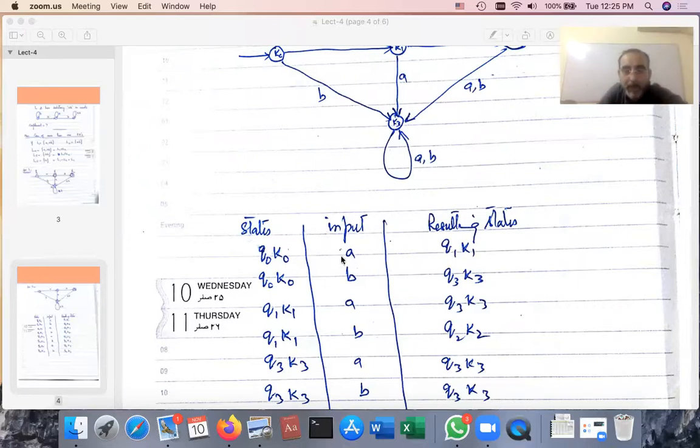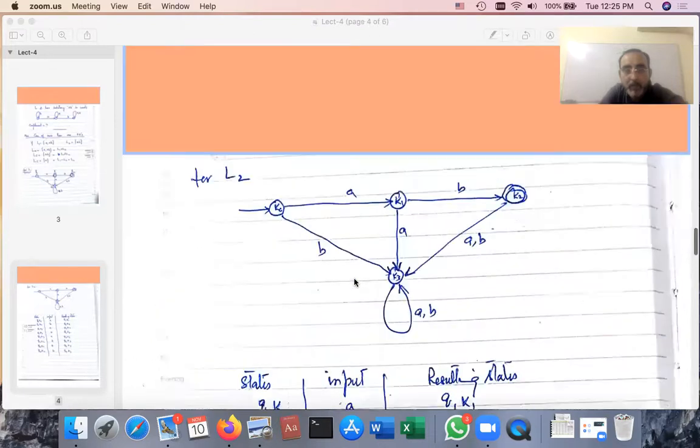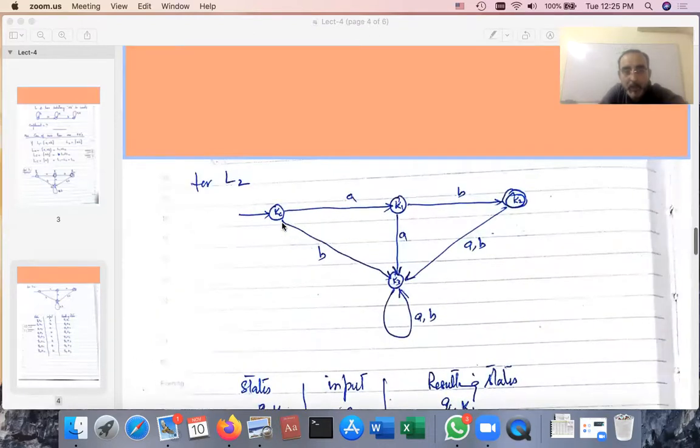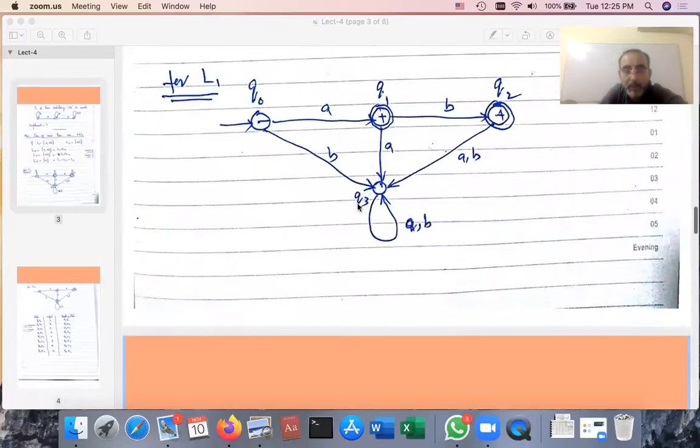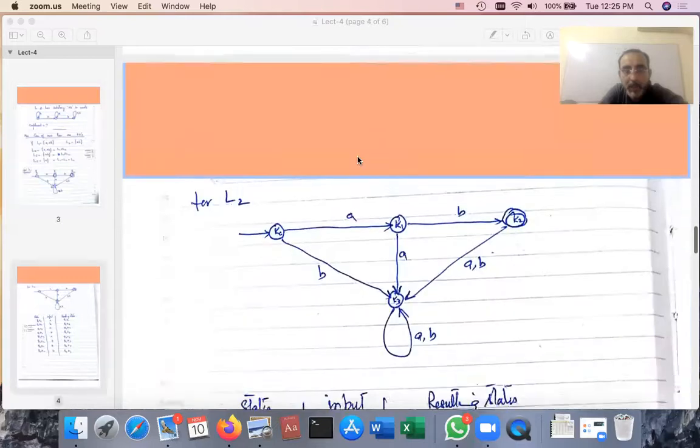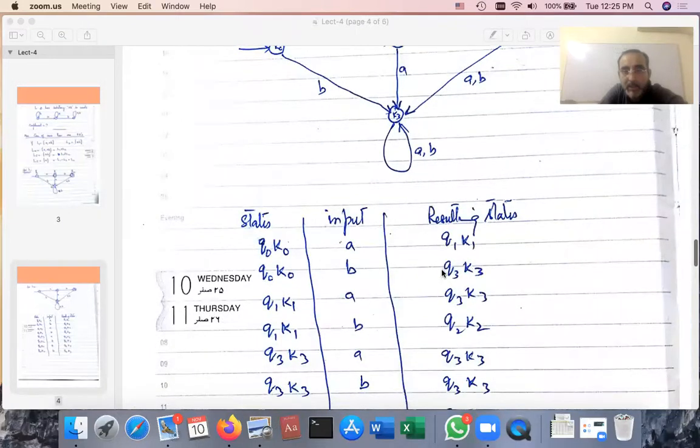So after applying A over Q0, K0, I reach Q1 and K1, but you have to write this in the form of a pair. And then on Q0, K0, if I have B as an input symbol, I reach Q3 and K3 by taking B. So Q3 and K3 are my resulting states.